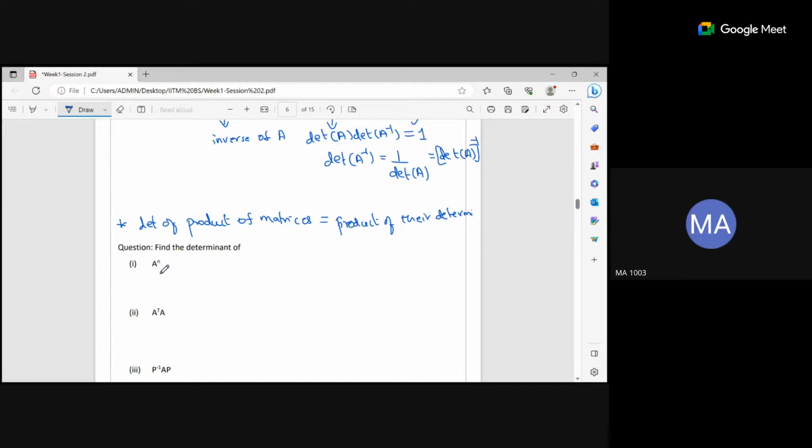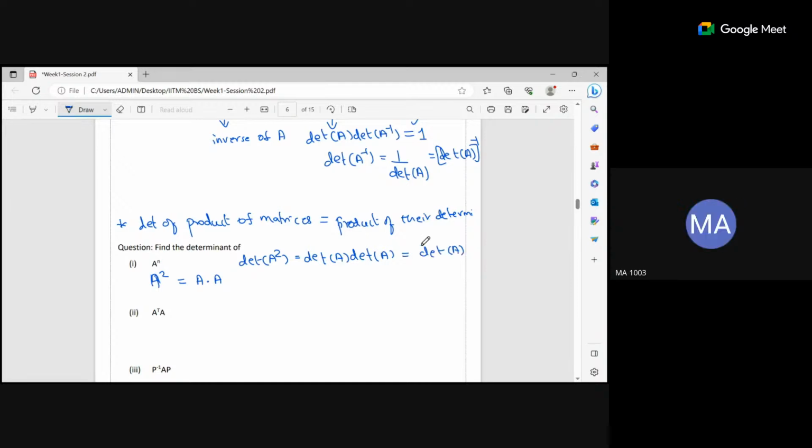For example, let us consider the simple case, A squared, which you can write as A into A. So what is the determinant of A squared? Determinant of A times determinant of A, which is determinant of A, the whole square.